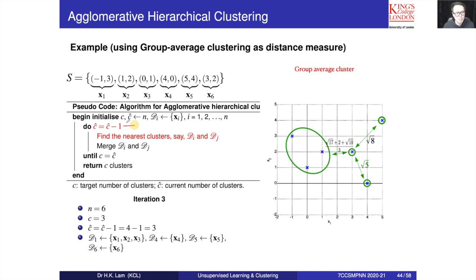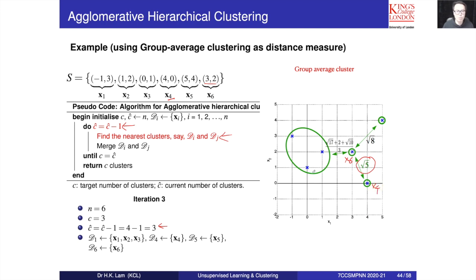So update C hat, now it becomes 3, and then find the distance. We find that the distance right here is the smallest, so we are going to group these 2 points. This point, 3, 2, is x6, and this point, 4, 0, is x4. So this is x4 and x6.